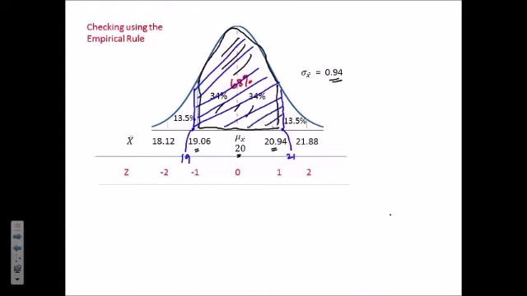So this blue area is a little bit bigger than 68%. 71% sounds reasonable by the empirical rule.